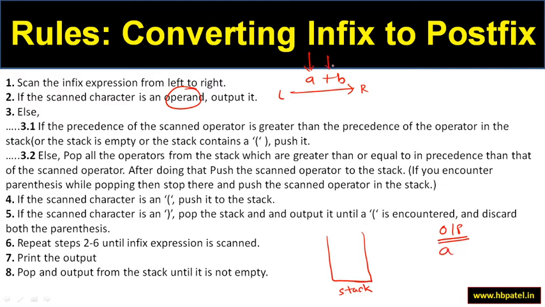Next is an operator, so we push it on the stack. Then again it's an operand, so we put it on output, and later on we'll pop this plus and put it over here. So this is how we are going to do it.